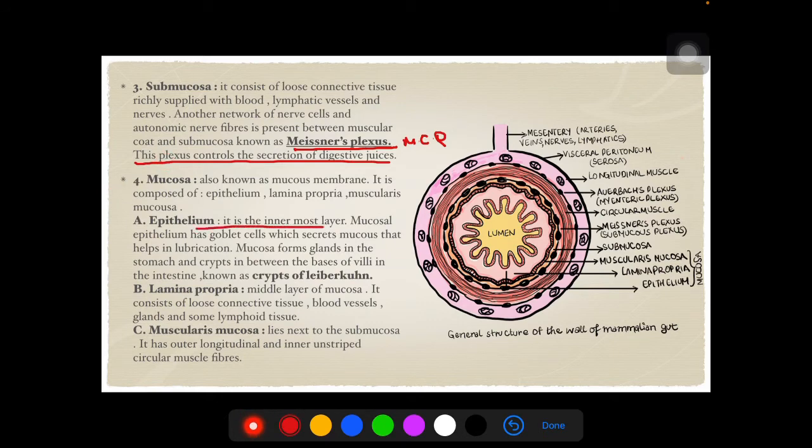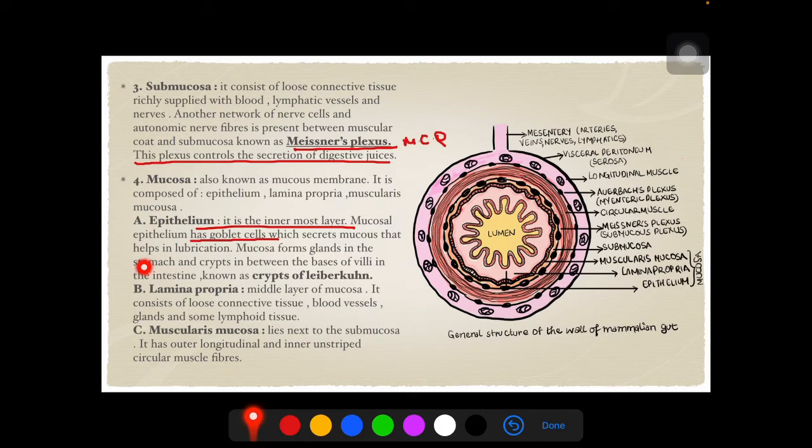This is again an MCQ question: which of the following is the innermost layer of the mucosa? The right answer is epithelium. The mucosal epithelium has goblet cells. This is again an MCQ question on the location of goblet cells, which secrete mucus that helps in lubrication.